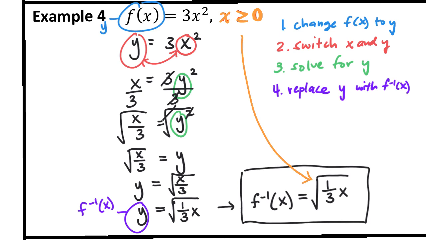So the square root is going to be positive, because x values that are greater than 0 are positive. So the square root is positive. Okay.